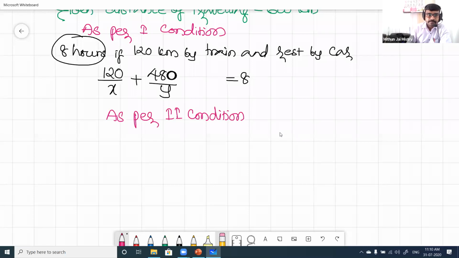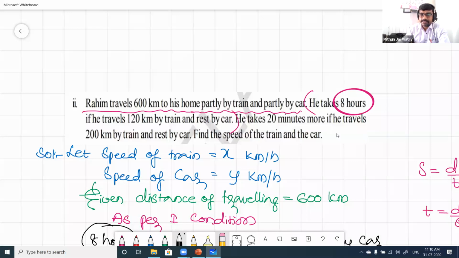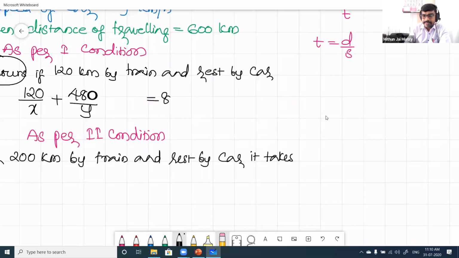If 200 kilometers by train and the rest by car, it takes 20 minutes more. It takes 20 minutes more means what? It takes 8 hours 20 minutes.